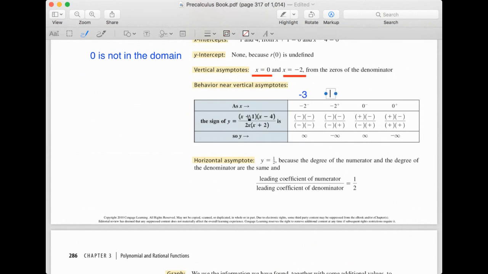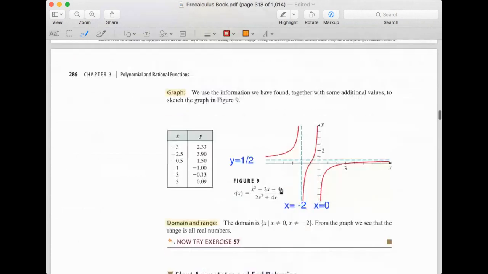Then we evaluate: -3 plus 1 is negative, -3 minus 4 is negative, so the bottom will be negative, negative. Altogether it will be positive. That means the y value is above the x-axis. So that's why we have this branch, from -2 up to -infinity. Because when we evaluate, the y value is positive, which means it's above the horizontal asymptote.